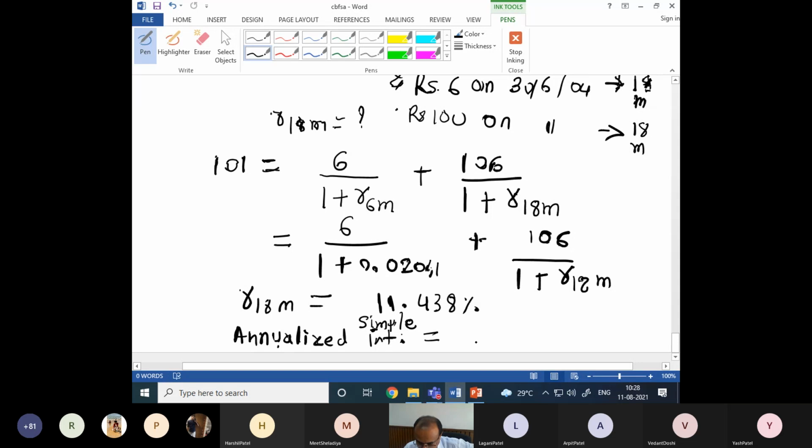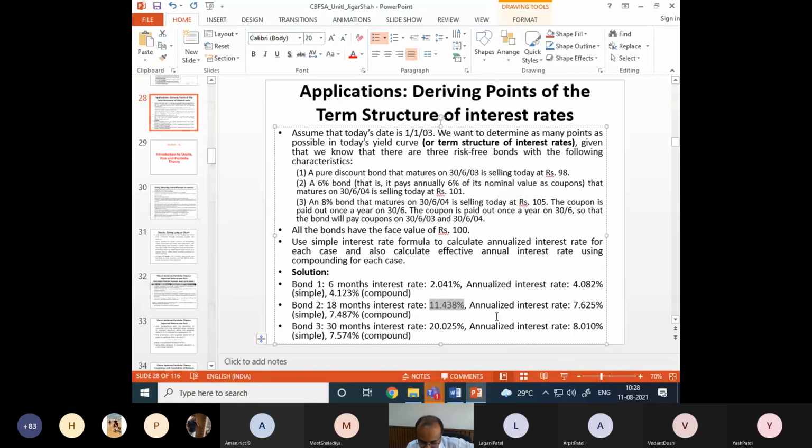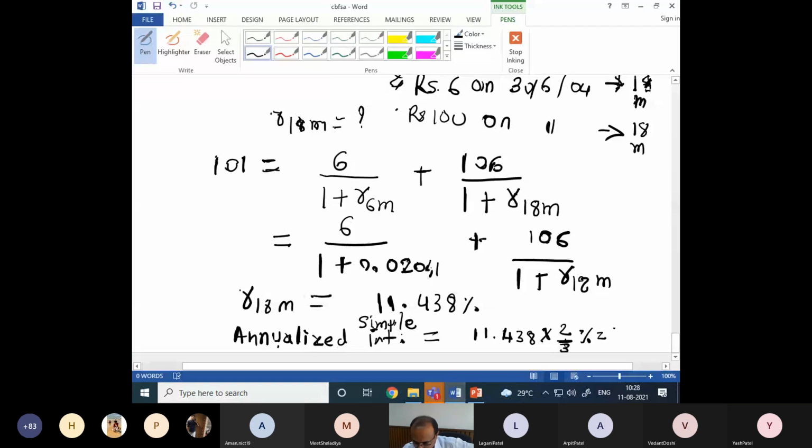See, if we cannot understand this, we cannot go to stocks where there are two things, risk and return. R18 into 2 by 3. Into 2 by 3, that's it. And in a percentage. So let me use the calculation which I have. So it is 7.625. You can see yearly it is 7.625%.